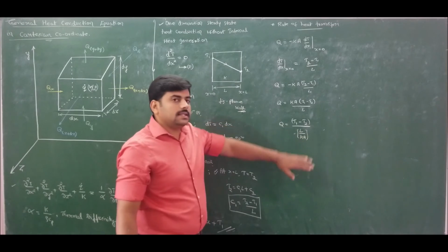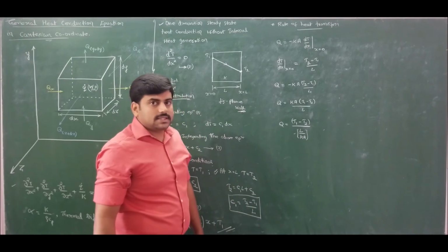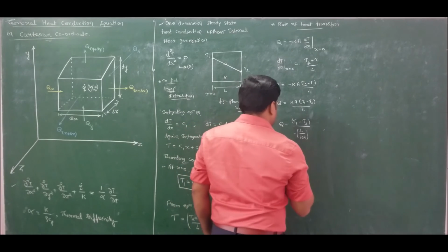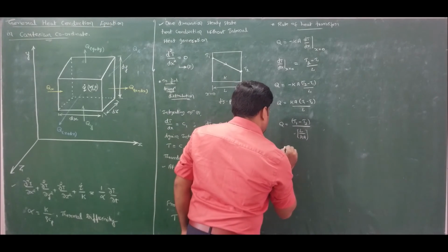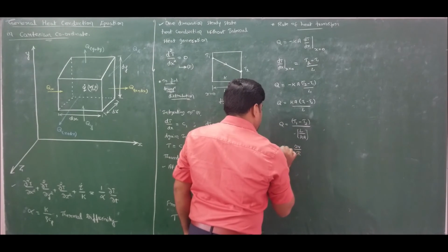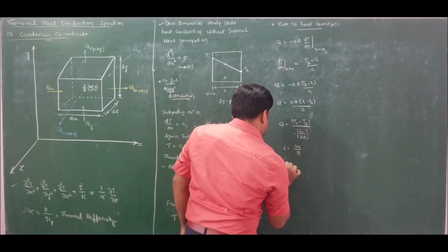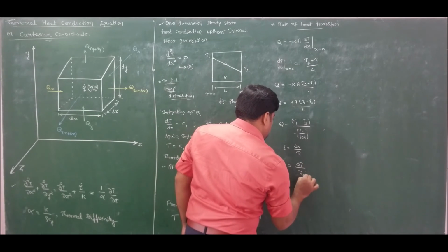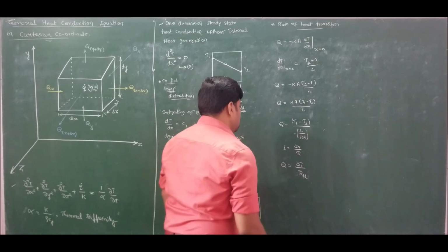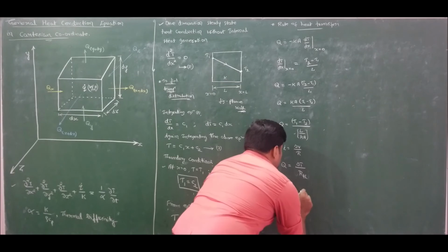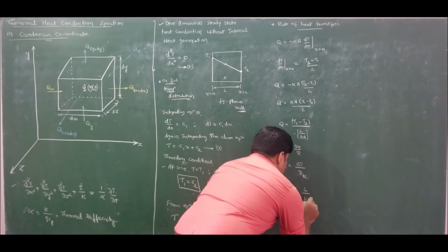This L by K A is the thermal resistance for flow of heat due to conduction for a plane wall. So this is of the form I is equal to delta V by electrical resistance R. Therefore I can write Q is equal to delta T by R, thermal resistance due to conduction, where R thermal resistance for a plane wall is given by L by K A.